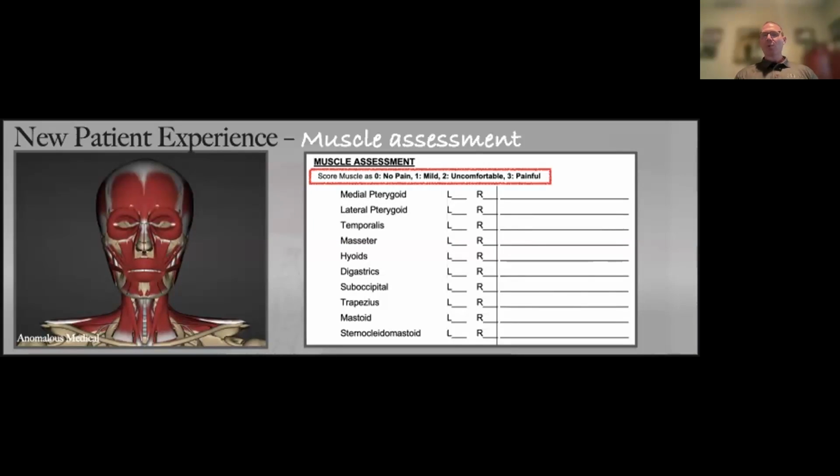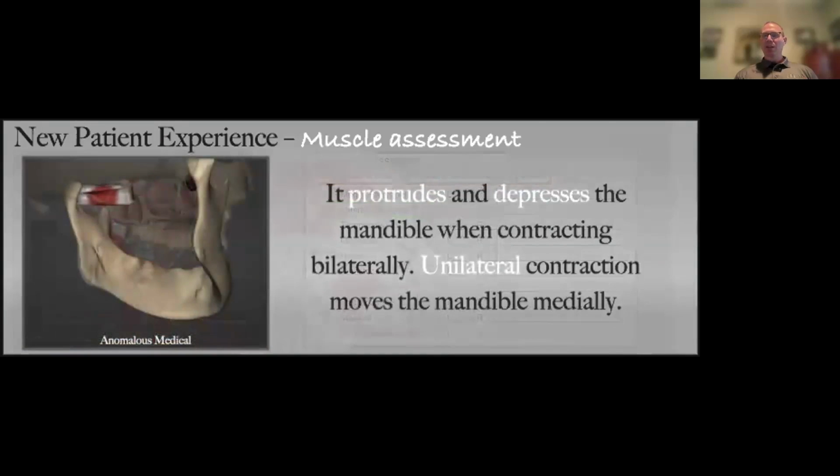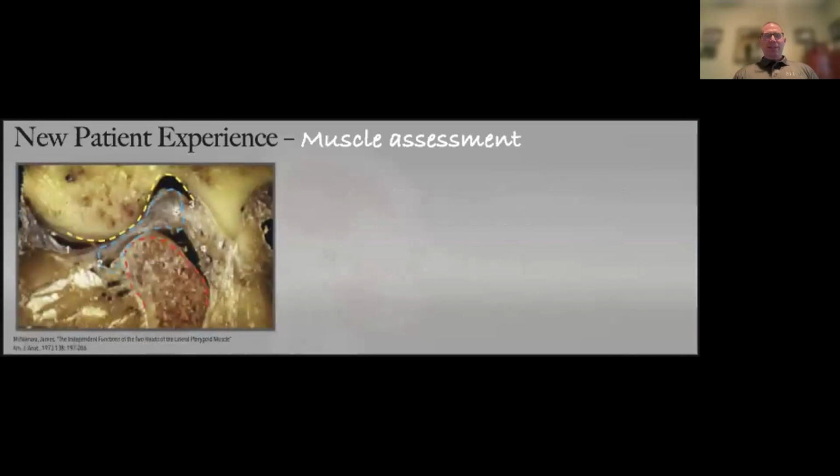I'm not going to go through all the muscles we're going to palpate, but I do want to spend a little bit of time with the lateral pterygoid muscle, because in the past, it got a lot of attention. Its purpose is to open the jaw and protrude the mandible. The reason it got so much attention was the thought that if there was a discrepancy between the seated position and a slide to MIP, the lateral pterygoid muscle was pulling the jaw forward, but also putting pressure on the joint, leading to a disc displacement.